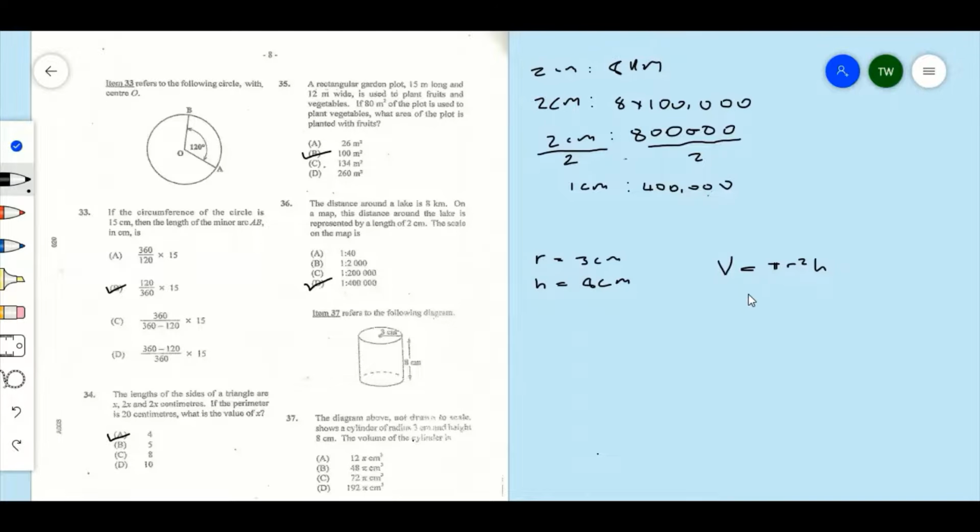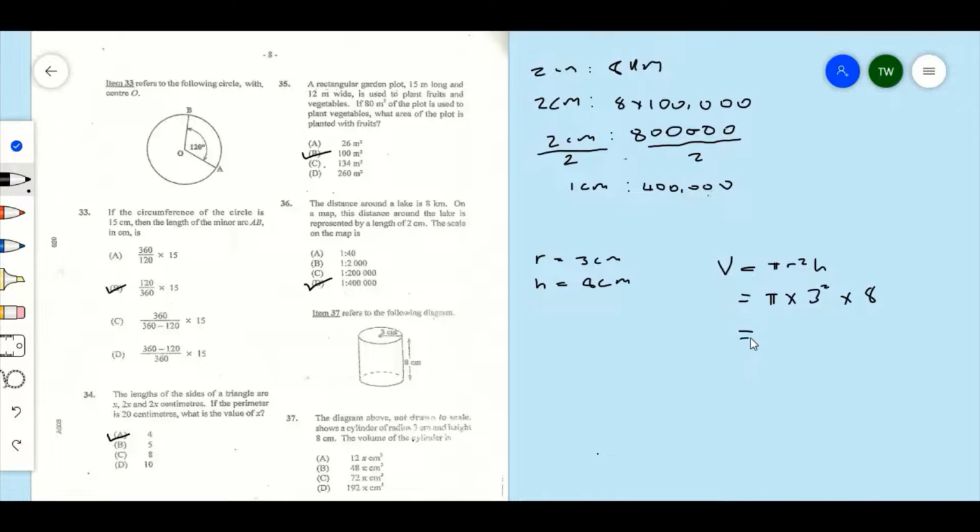So therefore the volume is going to equal pi multiplied by r squared, but r in this case is just 3, so it's going to be 3 squared, times h, and h in this case is going to be 8.